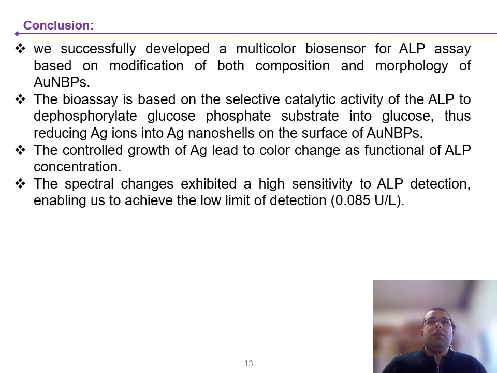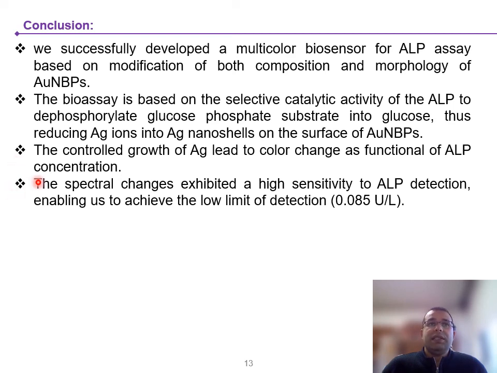We successfully developed a multicolor biosensor for ALB assay based on modification of both composition and morphology of gold nanobipyramid. The bioassay is based on the selective catalytic activity of ALB to dephosphorylate the glucose phosphate substrate into glucose, and this reduces silver ions into a silver nanoshell on the surface of the gold nanobipyramid, and the controlled growth of silver leads to color change as a function of ALB concentration.